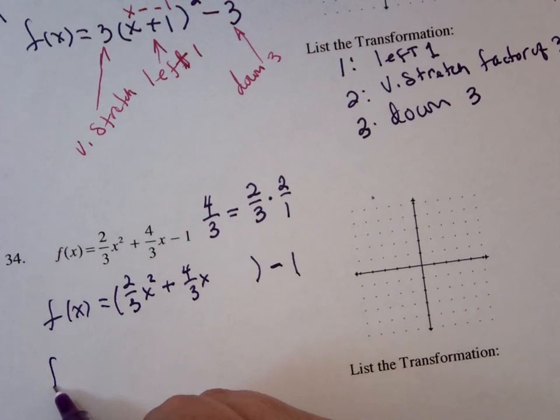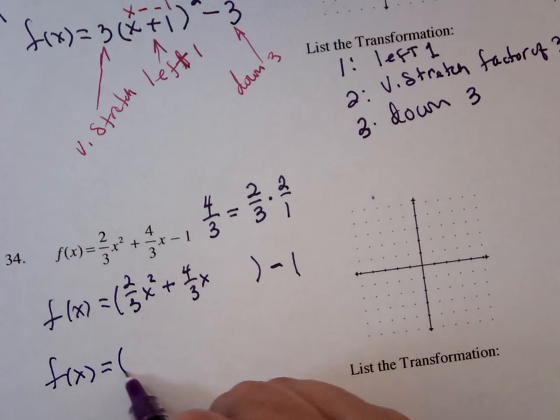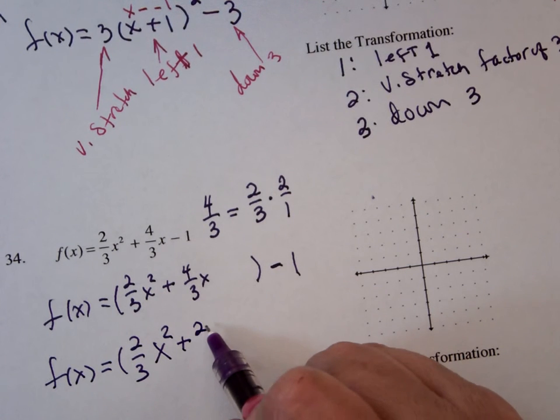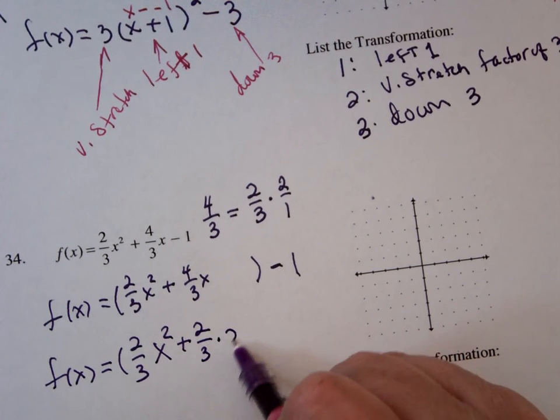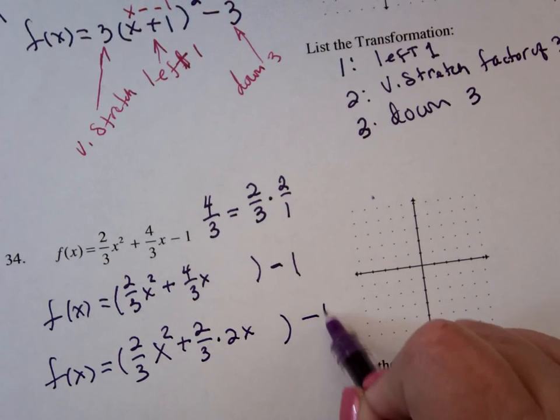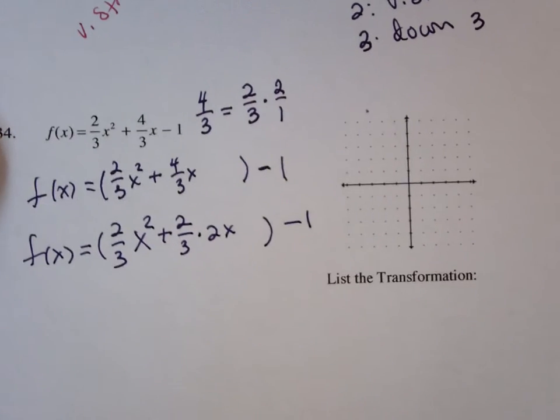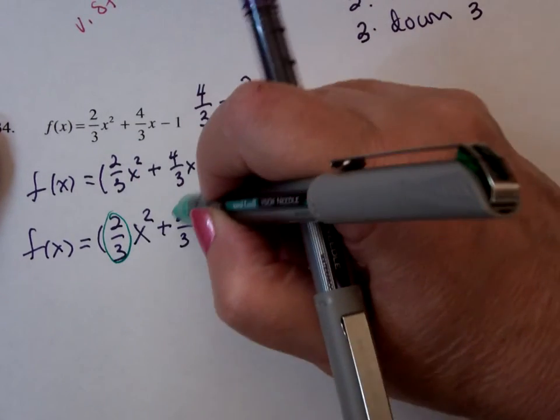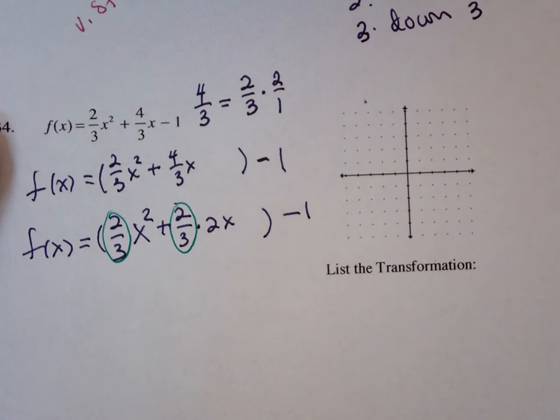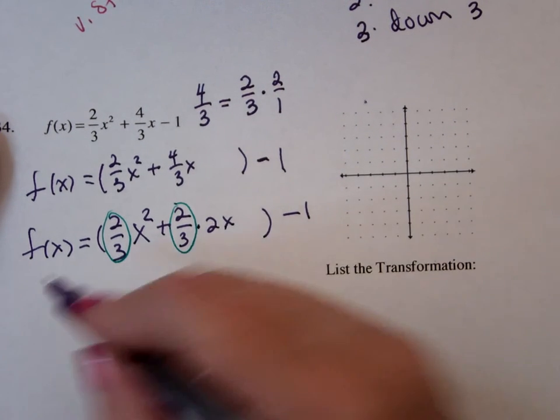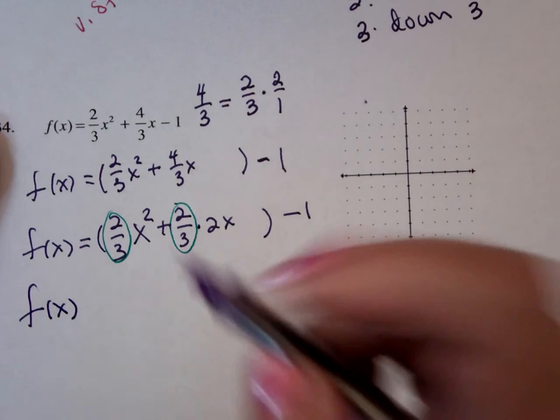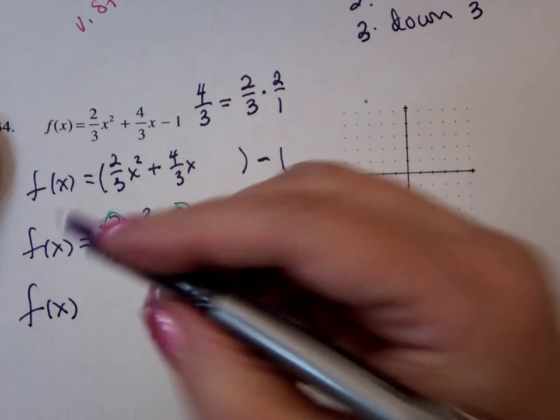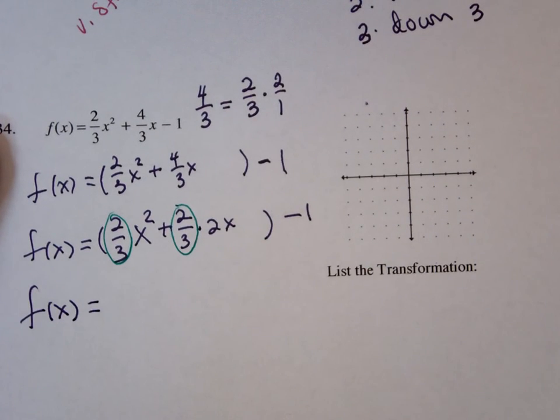So f of x equals, I'm going to rewrite this, 2/3 x squared plus 2/3 times 2x minus 1. Now I have a greatest common factor of 2/3. So f of x, notice I don't write equal, equal, equal. I write f of x each time because that tells me I'm working with a formula.